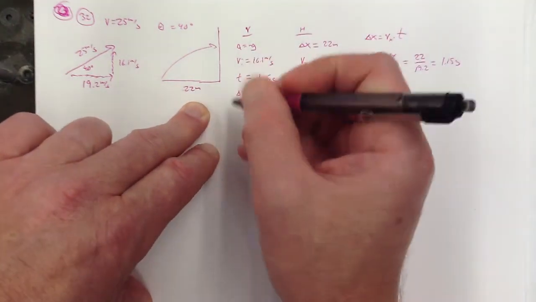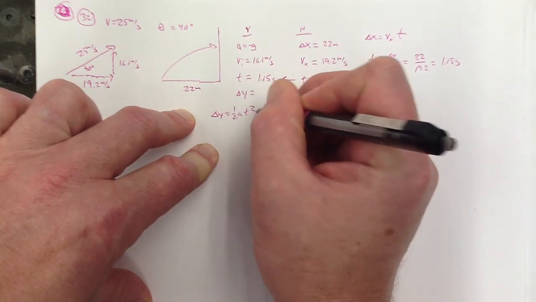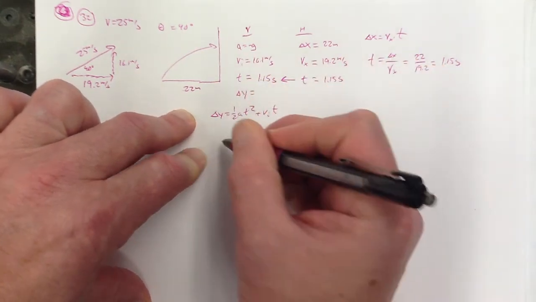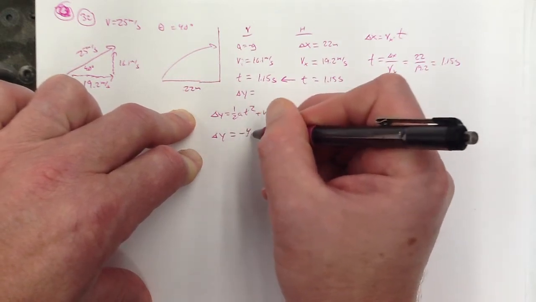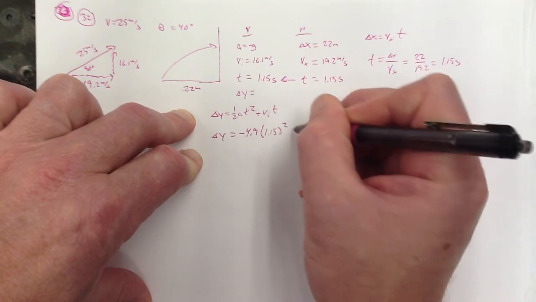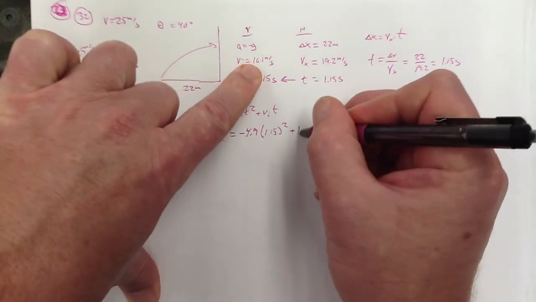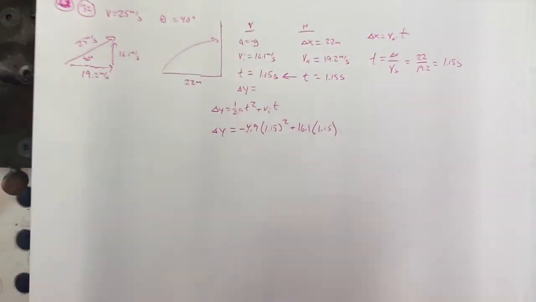And then I can find my delta y. So delta y is equal to 1/2 a t squared plus v i t, which here is going to be negative 4.9 times 1.15 squared plus 16.1 times 1.15.